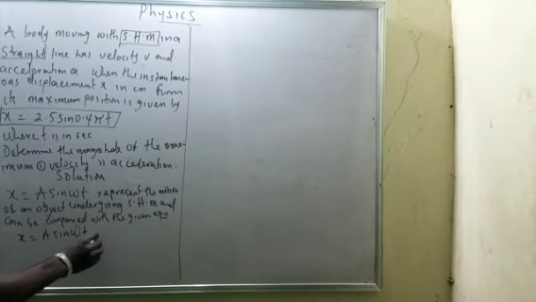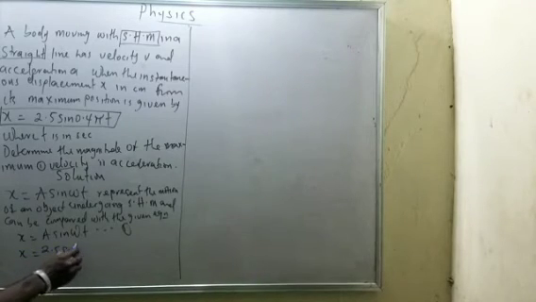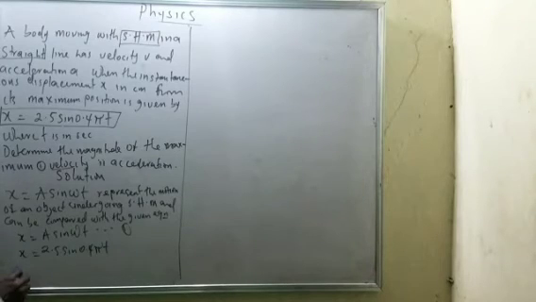Let's call it equation 1, x equals a sine angular velocity of t, and also x equals 2.5 sine 0.4 pi t. Now, we all know that from the question my radius is 2.5, which is also known as amplitude.